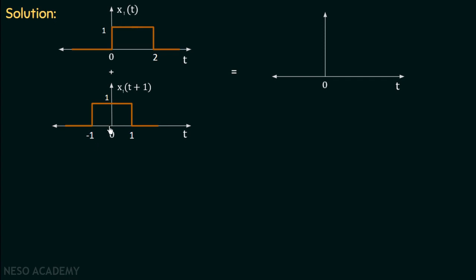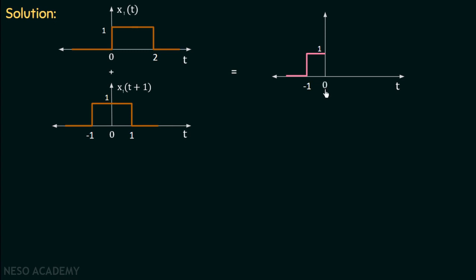And from minus 1 to 0, this function is equal to 1 and this function is equal to 0. So if we add these two functions, then 1 plus 0 will be equal to 1. So the resultant waveform in the left hand side will look like this. It will be equal to 0 from minus infinity to minus 1, and it will be equal to 1 from minus 1 to 0.